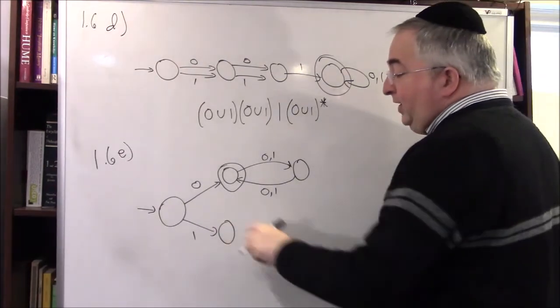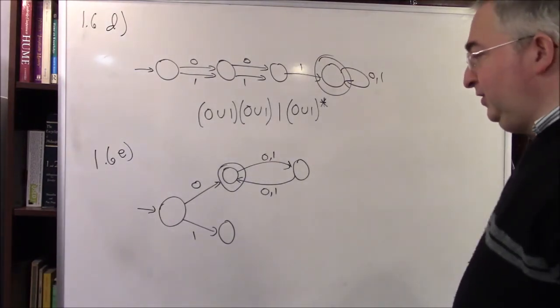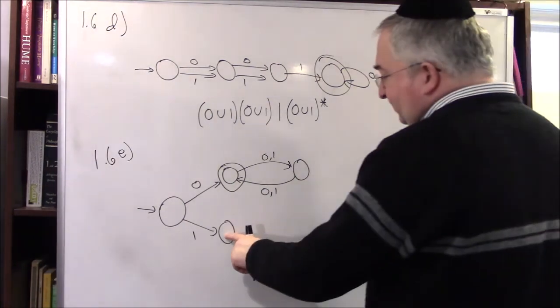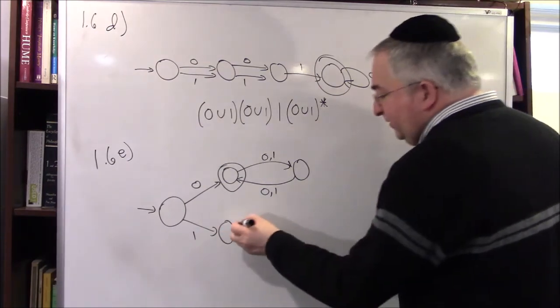Great. What about here? It could start with a 1 and then have an even length. Okay? That's not an accepting state. Okay, I'm going to do this two ways.